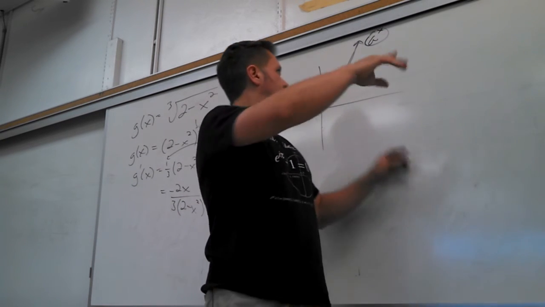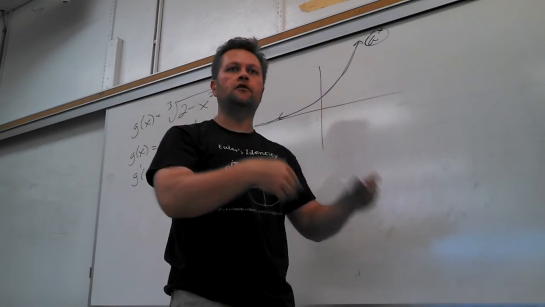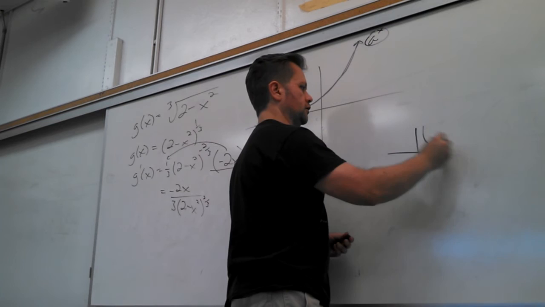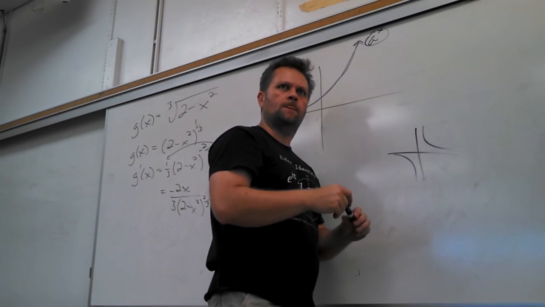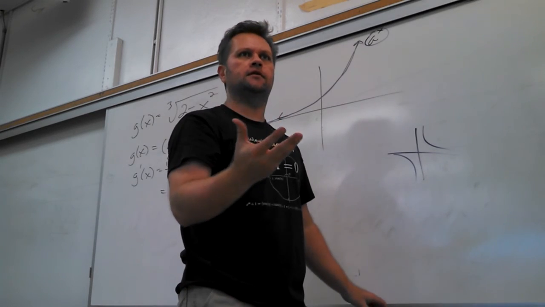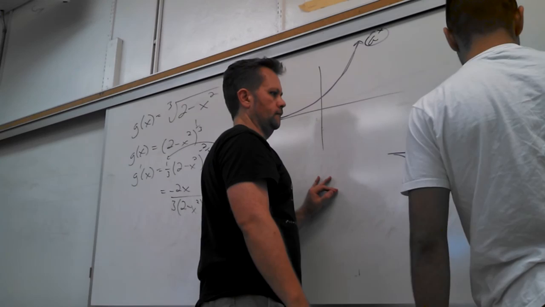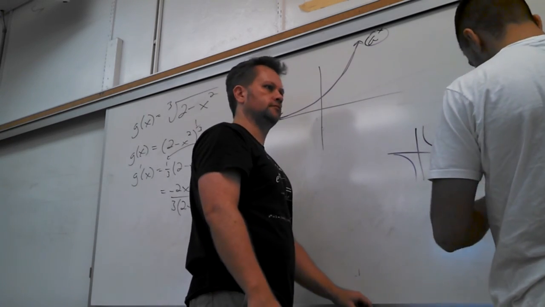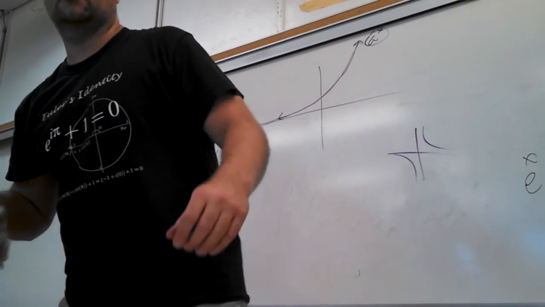That's all it means. Like you have functions that are inverses of themselves, right? Like this function is its own inverse. It doesn't mean anything amazing. So next time we'll prove that.